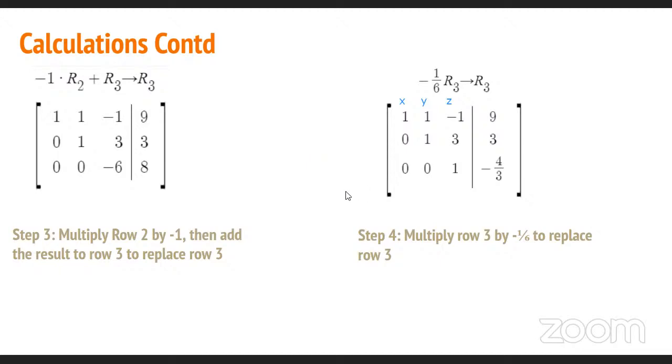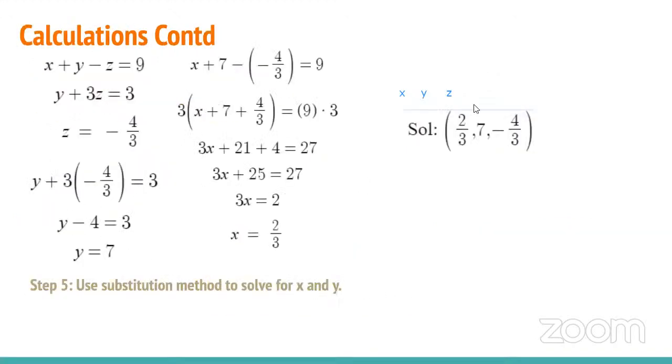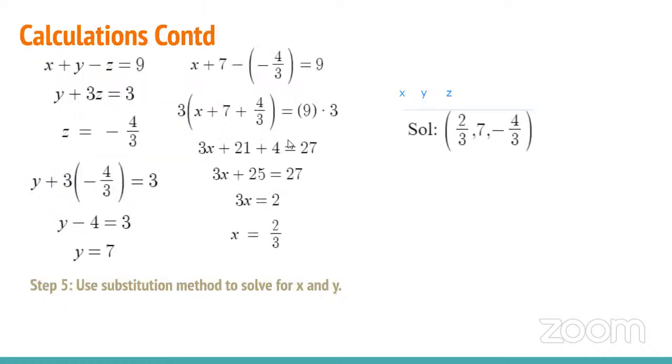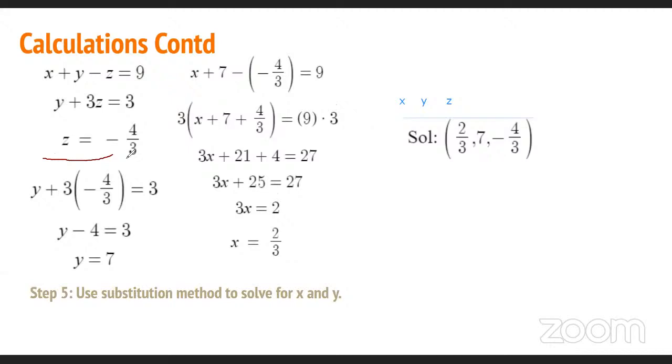If we want to know the remaining values of X and Y, we will use the substitution method to solve for x and y. Since we already have our z as minus 4 over 3, then we solve for y, then we solve for x.